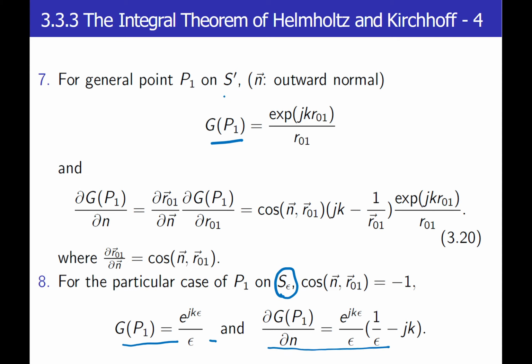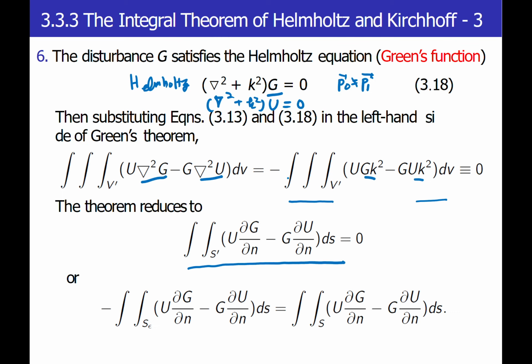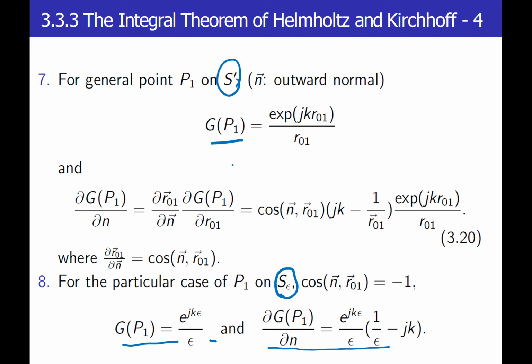And for V prime, note that we have outside S and inside S epsilon, the general solution is given by this one, and the derivative is this one.